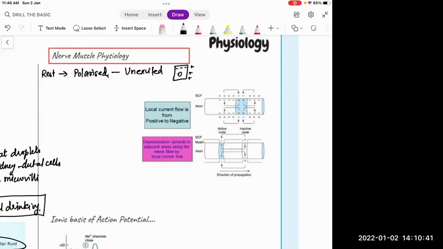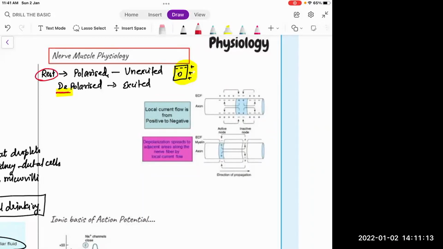And when the cell is excited, you call it depolarized. That is excited. So there is some change taking place with these charges. What those changes are, we are going to see. For now remember, depolarized means it has deviated from the resting stage.